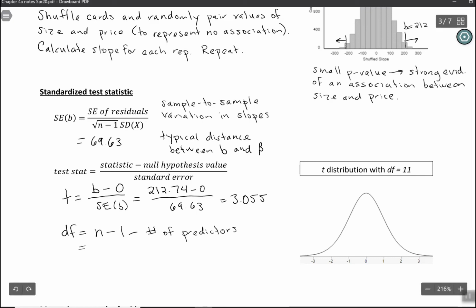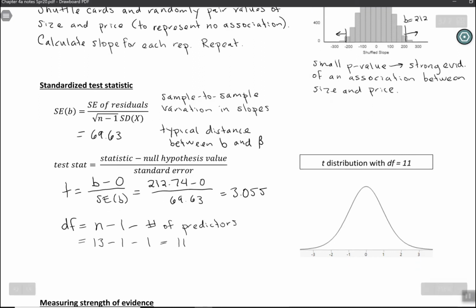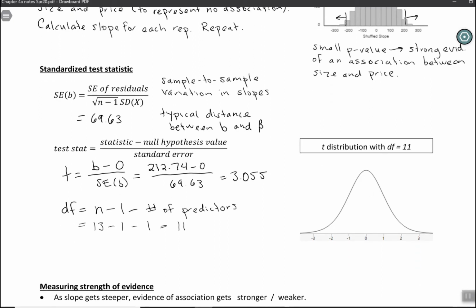Here we had 13 houses in this data set. So it's 13 minus 1 minus our one predictor, which is size, and we end up with 11 degrees of freedom. This picture is showing what a t distribution looks like with 11 degrees of freedom.